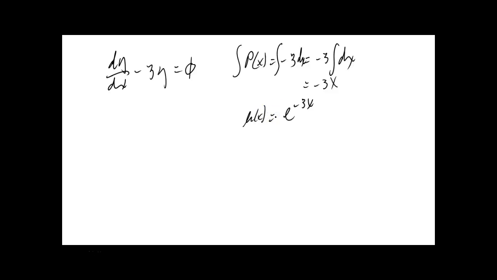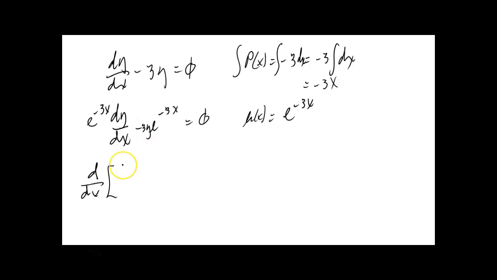And we find out that when we multiply this together, we get e to the minus 3x dy/dx minus 3y e to the minus 3x, and multiplying that by this side, you get a 0. Now here's the magic. This is the derivative of the product of these two.